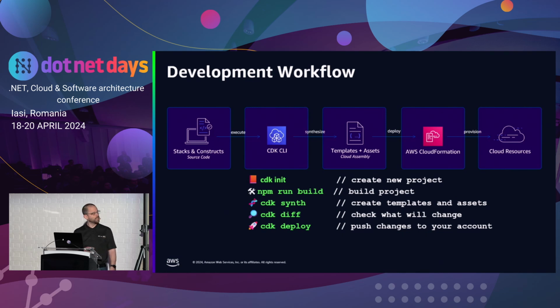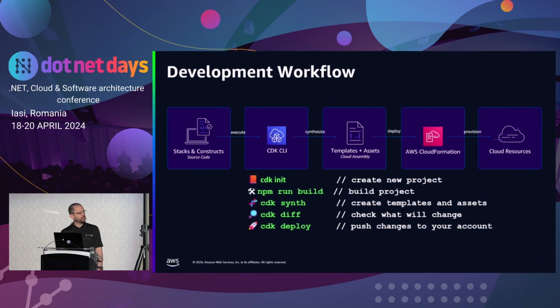It can do this. So you can think of cdk synth as the same thing we do when we run dotnet build. The CloudFormation template and the assets are the intermediate language.